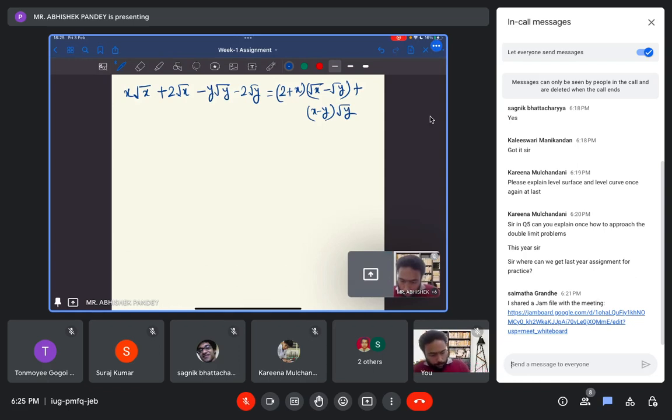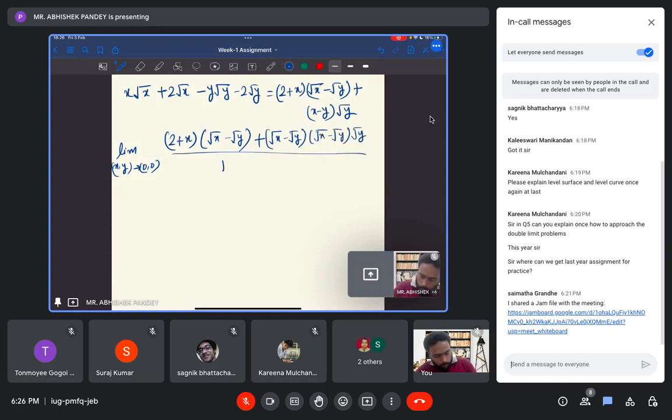Now the limit becomes 2 plus x, then (√x − √y). And observe that this x − y I can write as (√x − √y) into (√x + √y), divided by (√x − √y).